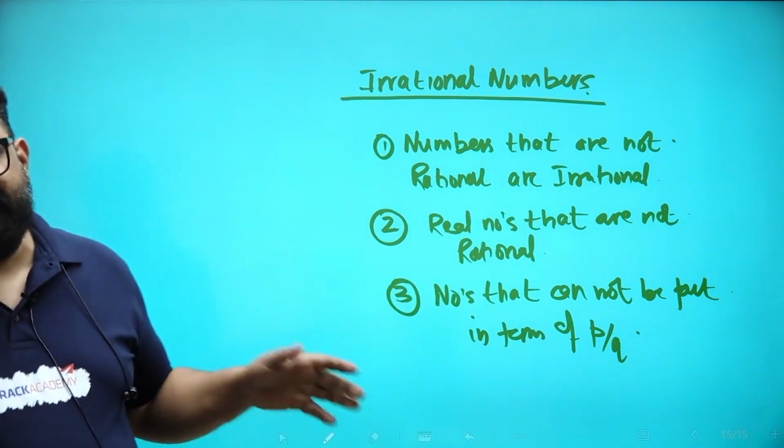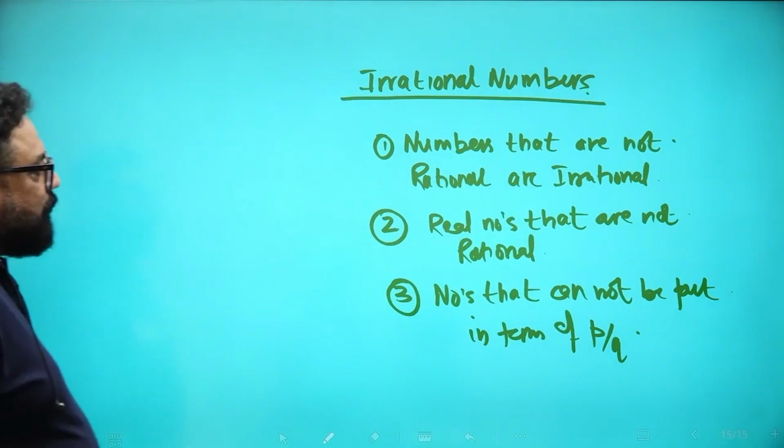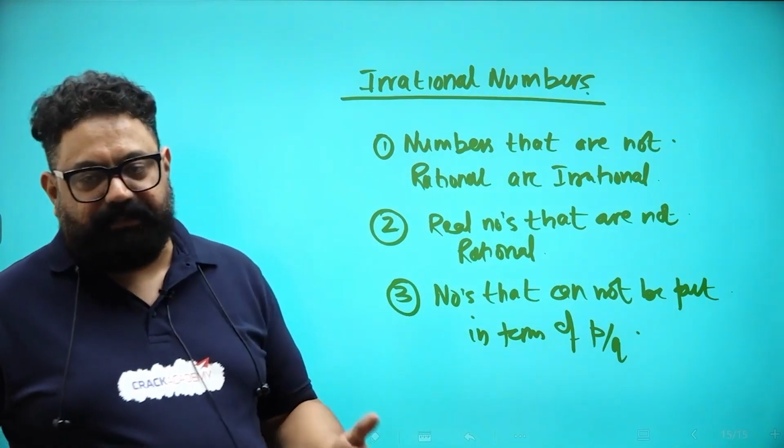So these are the three definitions that I have always seen, and I wonder that most of us do not know the exact meaning of irrational even after that, because we don't have clarity. And then we have examples.